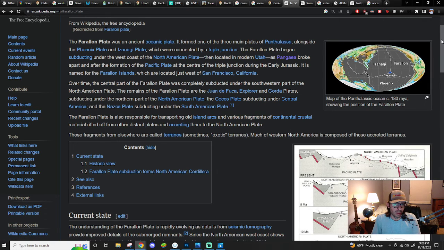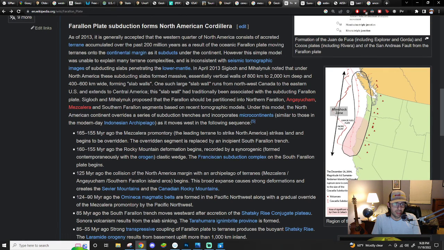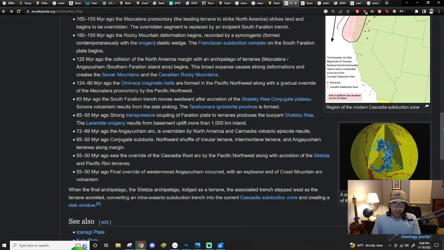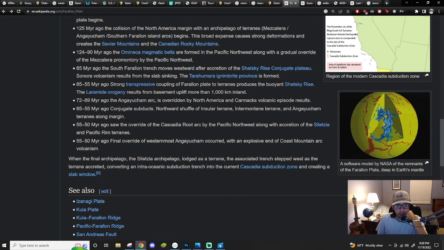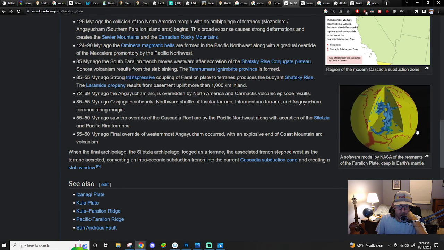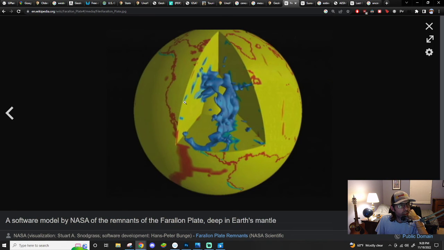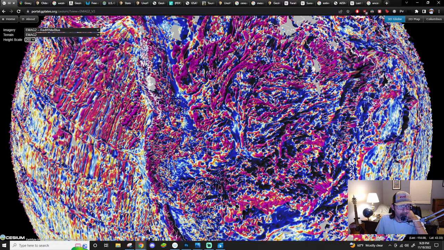Let's see if we can find an actual current map of it. Okay, aftershock zone. This looks very much like this.